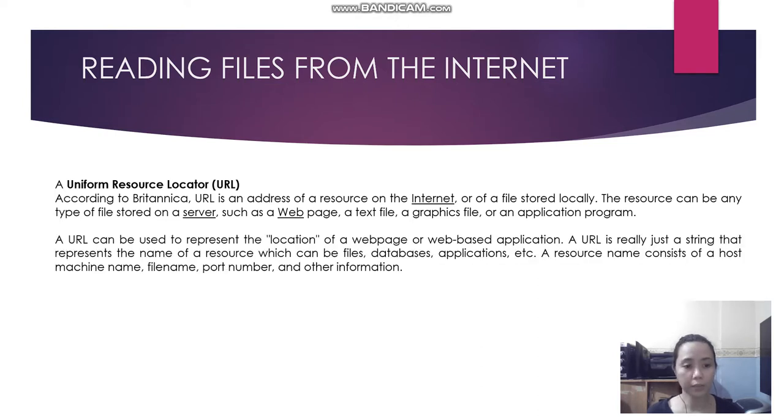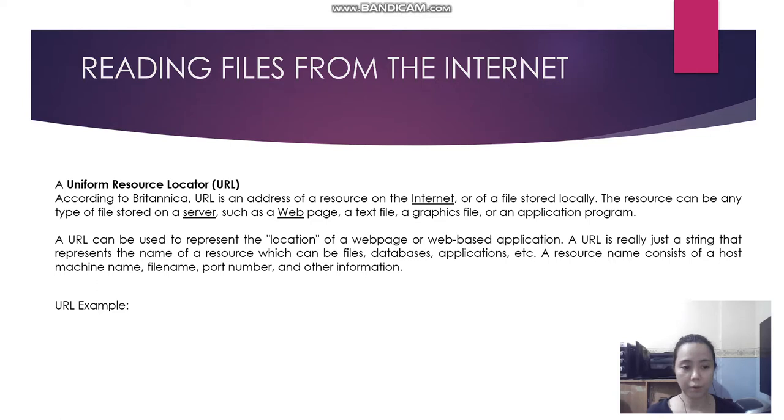A URL can be used to represent the location of a web page or web-based application. A URL is really just a string that represents the name of a resource, which can be files, databases, applications, etc. A resource name consists of a host, machine name, file name, port number, and other information.